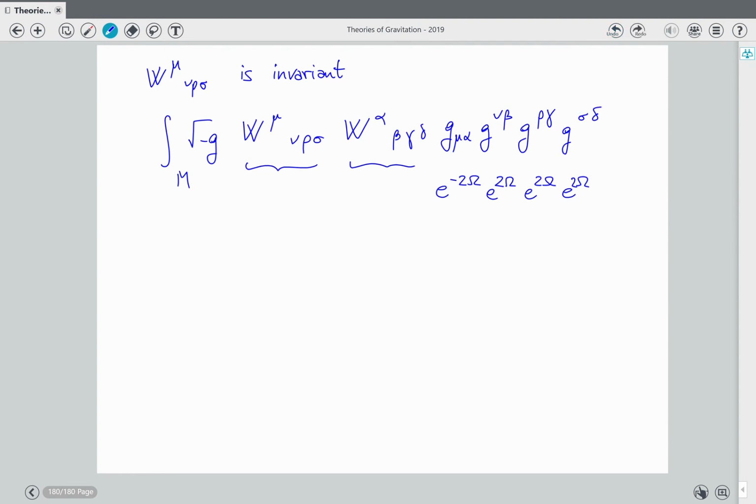And then you have square root of minus g, but g is the determinant of g mu nu. And so it's the product of 4. Oh, by the way, this is only true in 4 dimensions. So, that's right, in 4 dimensions only. Okay?